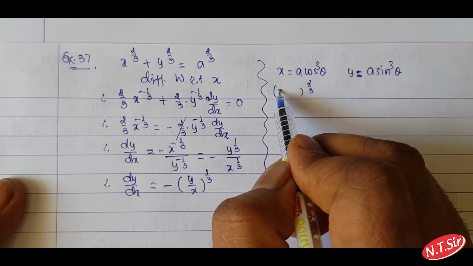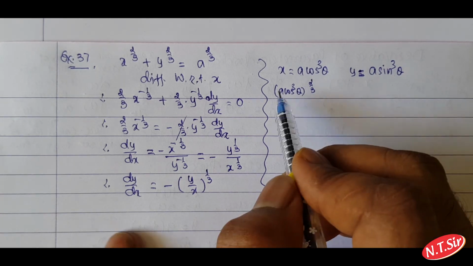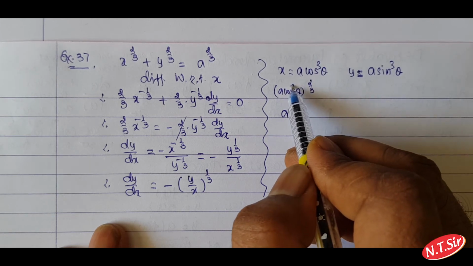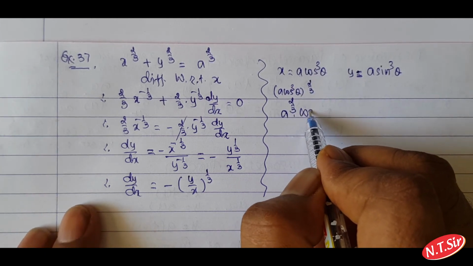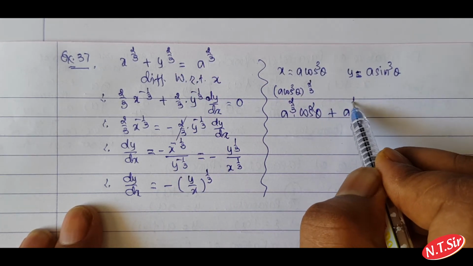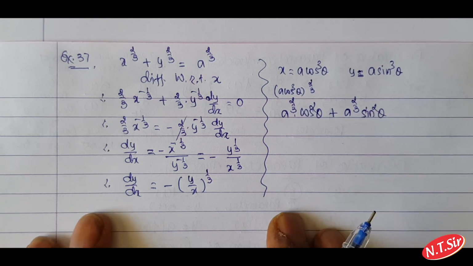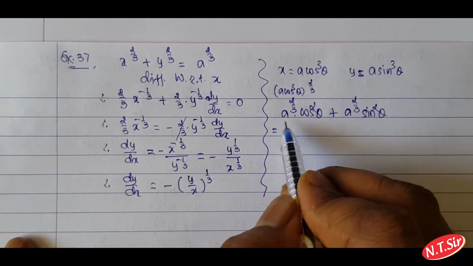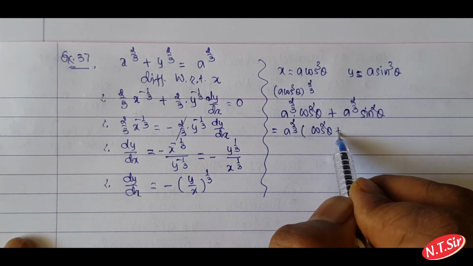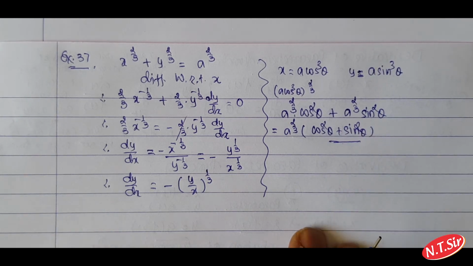Now x is a cos cube theta हो जाएगा, right. तो ये आंसर क्या आएगा, a raised to 2 by 3 होगा, तो a raised to 2 by 3 और 3 cancel, so cos square theta, right. So similarly substituting value of y here, what we get, a raised to 2 by 3 into sin square theta होगा, right. So taking a raised to 2 by 3 common, what we get, cos square theta plus sin square theta, and you know cos square theta plus sin square theta is 1, right.